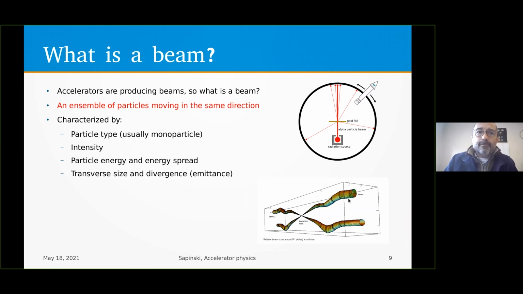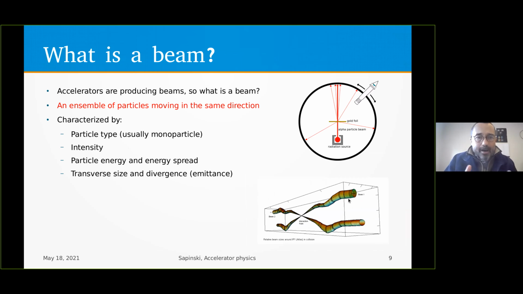All right, so let's think, what is a beam? Accelerators are producing beams, so what is a beam? We already said that beams in principle can also be produced by a radiation source, by just collimating the radiation coming out of a radioactive isotope. So basically, it's an ensemble of particles which are moving in the same direction.